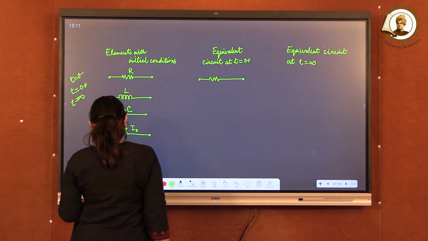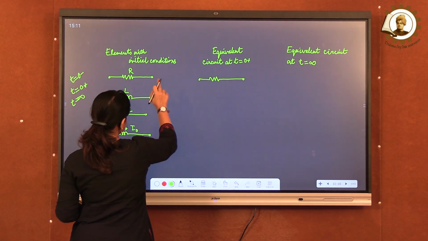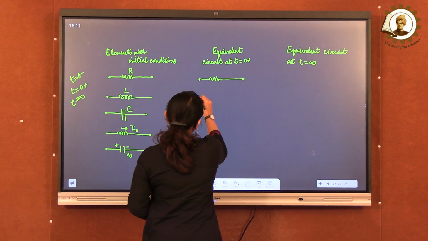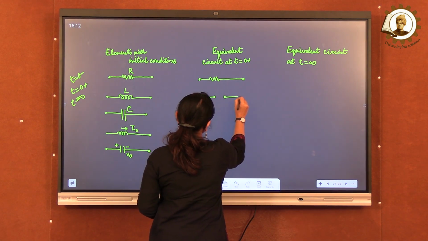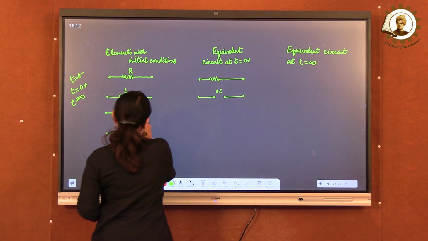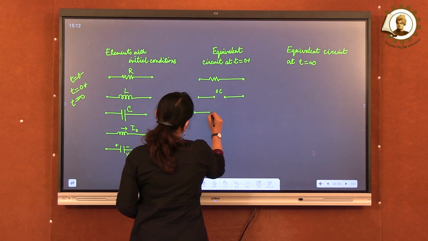Now what happens to the inductor? After just the switch closes in the network, the inductor will act as an open circuit. This you have to remember. And the capacitor acts as a short circuit.